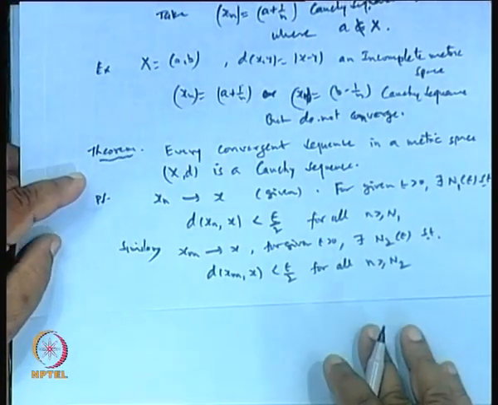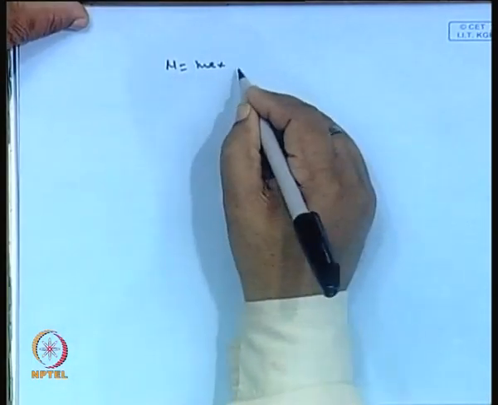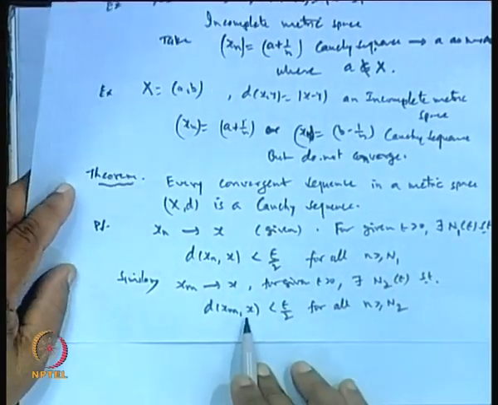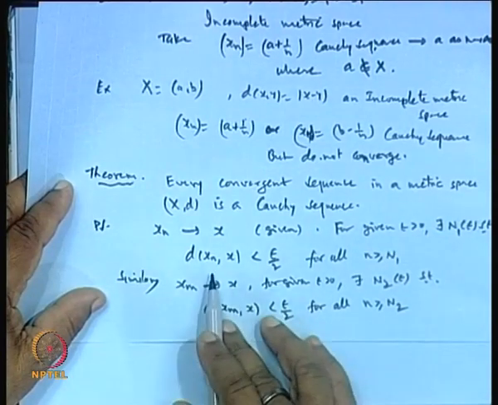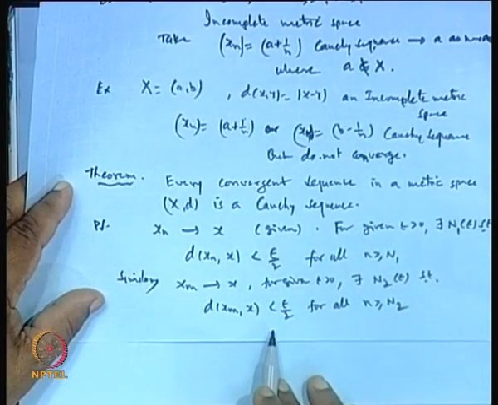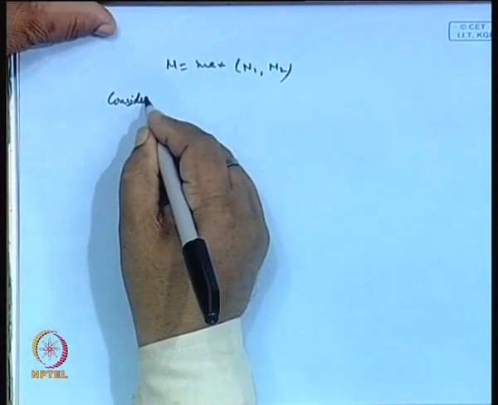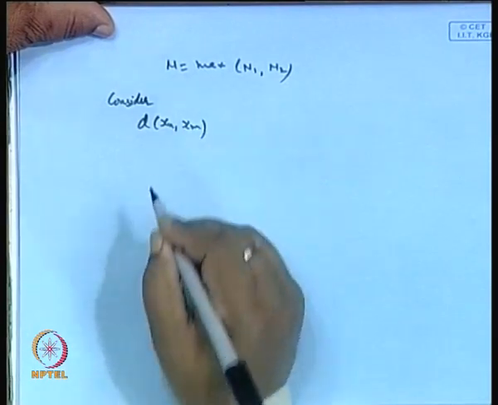Now, if I pick N to be the maximum of N1 and N2, then both these conditions hold for all n, m greater than or equal to capital N. This is also less than epsilon by 2, this is also less than epsilon by 2. So, consider d of x_n comma x_m.